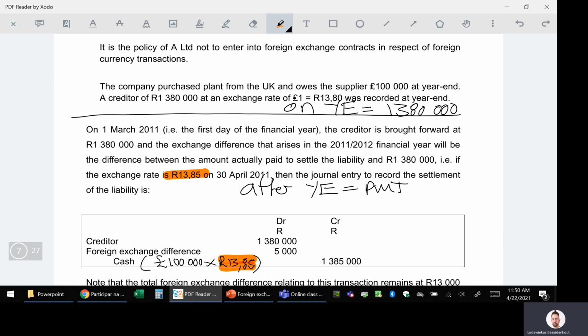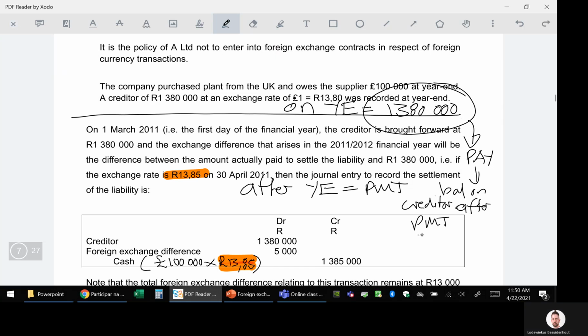So we will credit the bank with 1385. At year end, our creditor is 1380. So if we pay that creditor, we shouldn't owe anything. So the balance on the creditor after the payment is 0. We just debit the creditor with 1380. So now our creditor is 0.